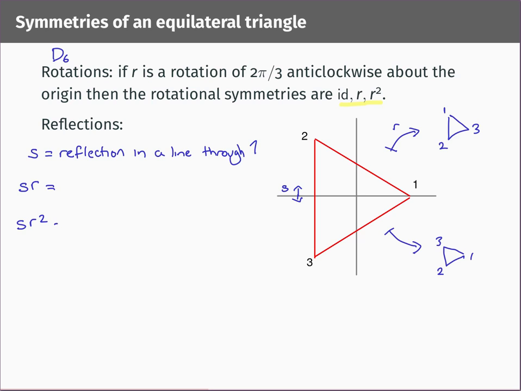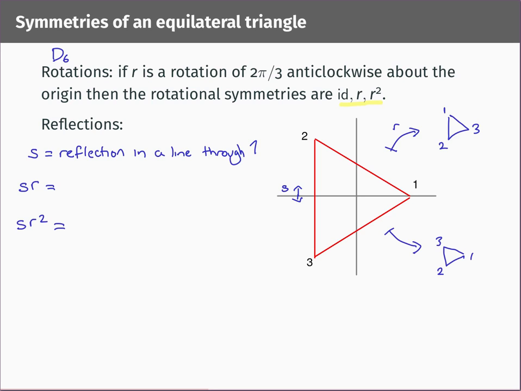So I want to see why that is. Now, of course, if this thing really is a group, SR must be some symmetry of this triangle, so it must be one of these reflections or rotations. And I claim that SR is the reflection in a line through the vertex 2 and the origin. Let's see why this is.